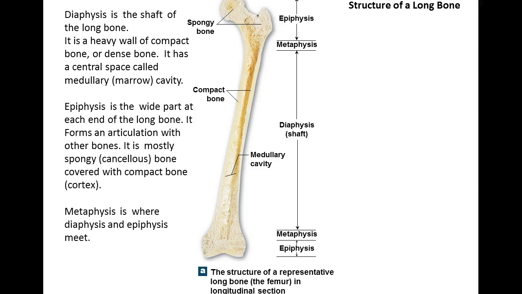In the diaphysis of the long bone, there's a space in the center called the medullary cavity. It's also called the marrow cavity. This is where you find yellow marrow. The epiphysis is the ends. You have the end that's closer to the midline, and that's the proximal epiphysis.